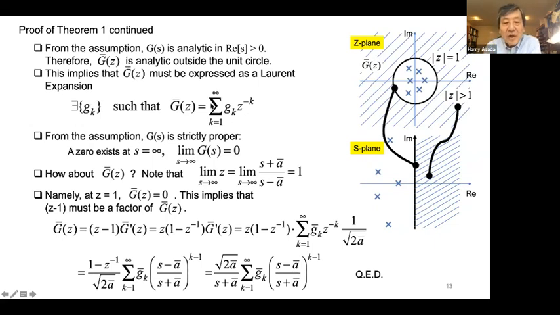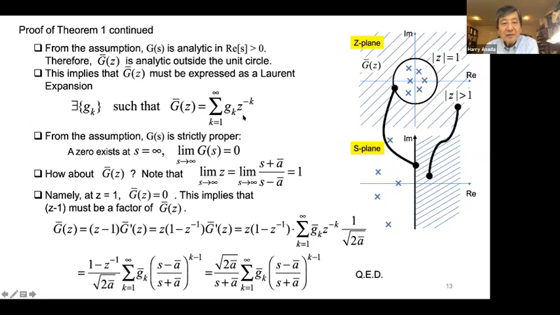If you can get this expression, Z is then replaced back by S minus A over S plus A. You get something close to the final result which we'd like to prove here.